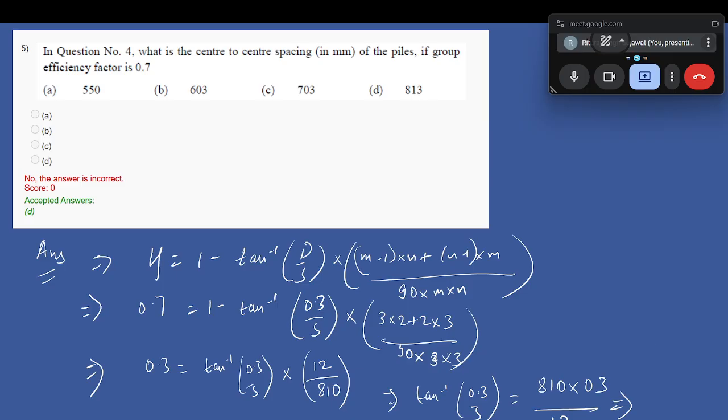Okay, we will get the spacing in meter. This is your 0.36. So 0.3 by S is equal to 0.37.